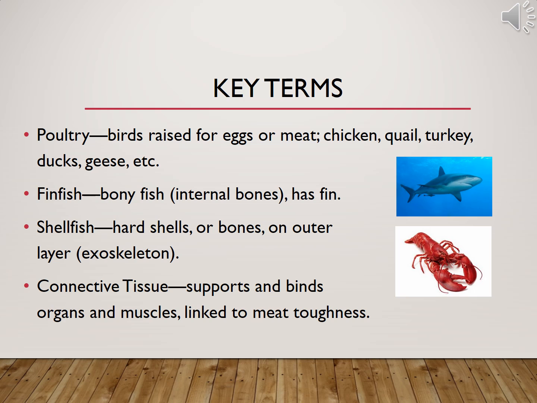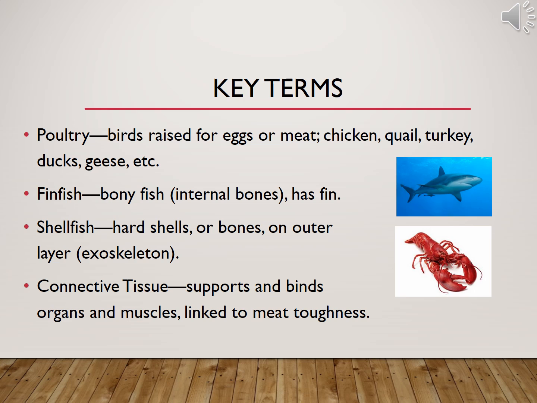So we may use meat in this chapter when we're talking about poultry and fish, but when we're talking about poultry and fish meat, we're talking about their flesh and not the fact that they are classified as meat. A little bit confusing, but it should make sense when we do go over it.